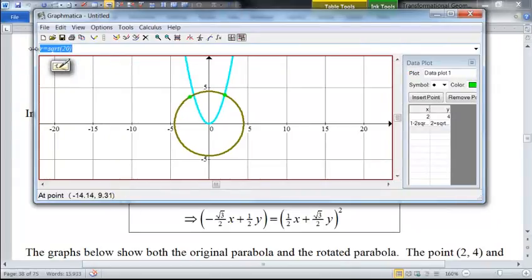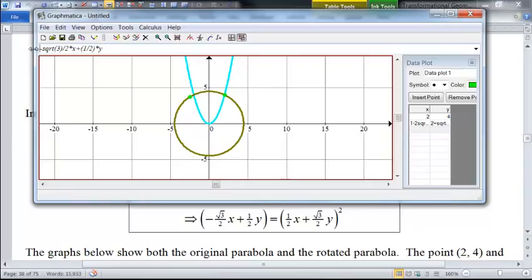One thing that's nice about Graphmatica is I don't have to solve for y. So minus square root of 3 divided by 2 times x plus 1/2 times y.